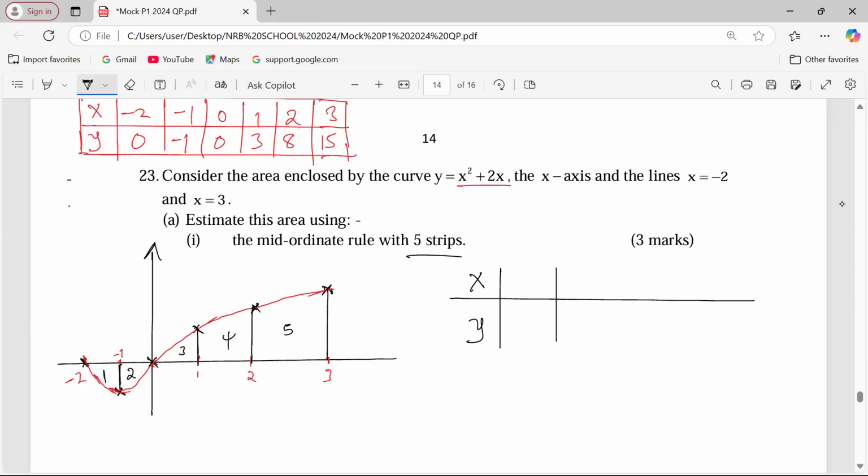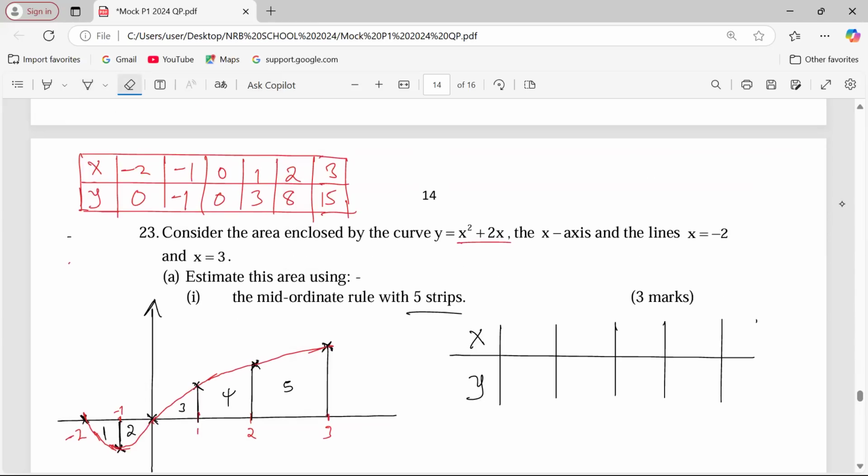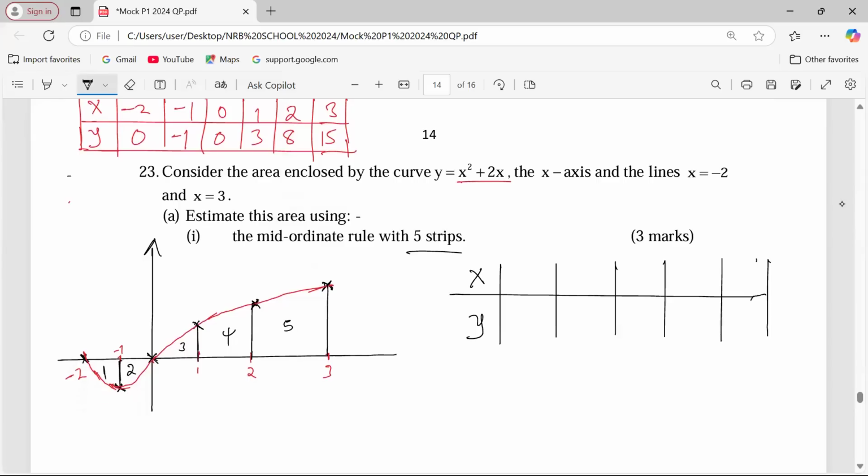So for us to get the middle height for the first strip, we go back to the function again. I'm now back to the curve again, so that we may know for the first strip, we need the value of the height when we are using the value of x as the middle, and that will be -1.5.